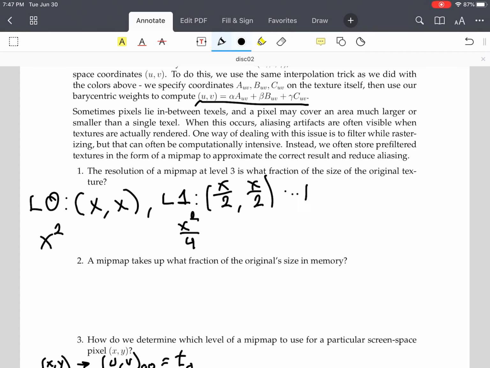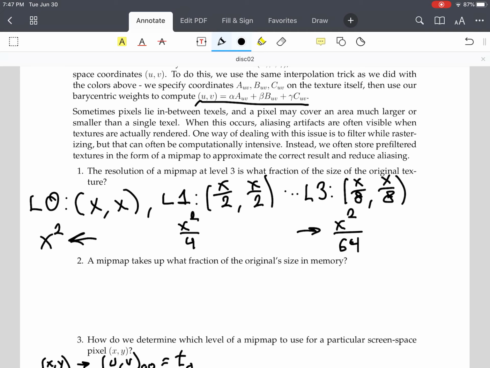Now if we continue this similar logic, we'll realize that the third level is going to be x over 8 by x over 8. Essentially, we're 8 times smaller in each dimension. And if we find the total area of this, we're going to get x squared over 64. So here's the resolution at level 3, and here's the original one.